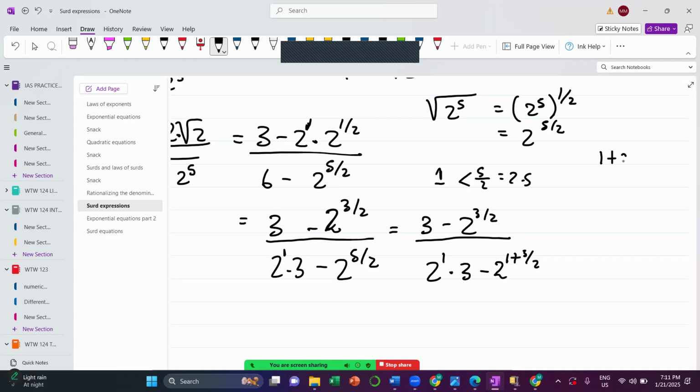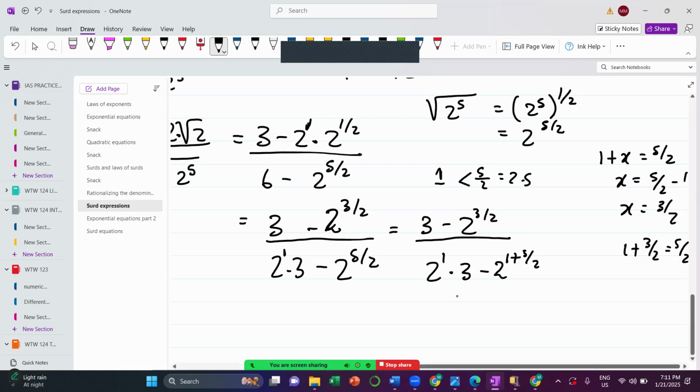I can say 1 plus x is equal to 5 over 2. Therefore x is equal to 5 over 2 minus 1, which is 3 over 2, right? So 1 plus 3 over 2 is equal to 5 over 2. We're okay with that, boys and girls. So here I'm going to have 3 minus 2 to the exponent of 3 over 2 all over.